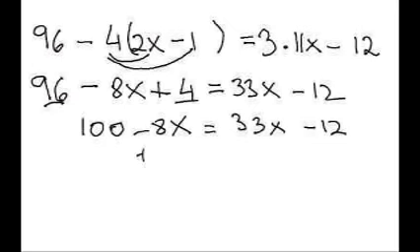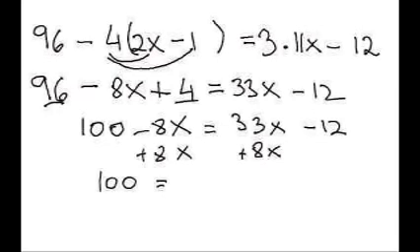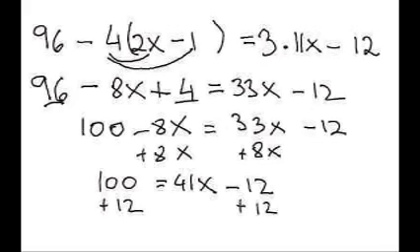Now I'm going to add 8x to both sides, and I end up with 100 equals 33x plus 8x ends up being 41x minus 12. Now I'm going to add 12 to both sides, and I end up with 112 is equal to 41x.